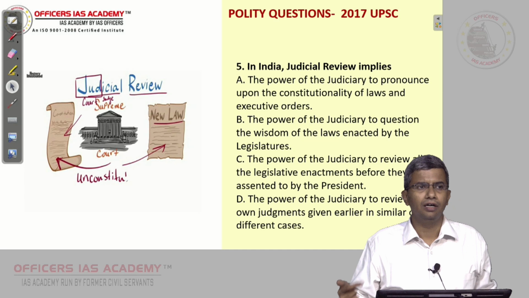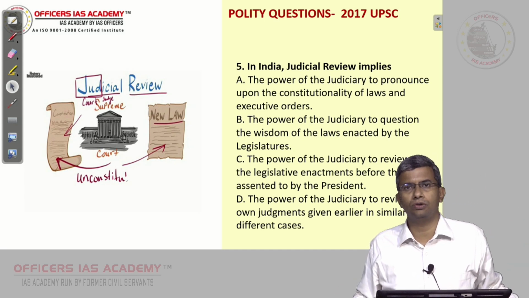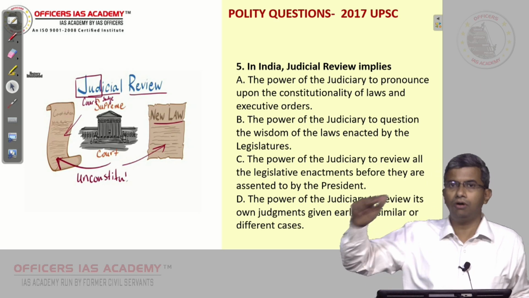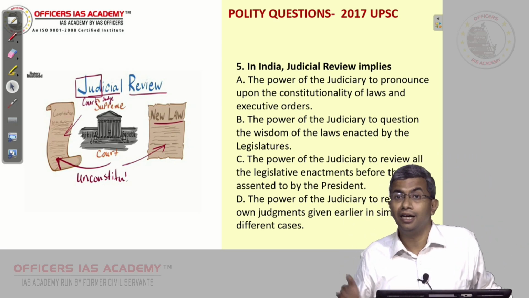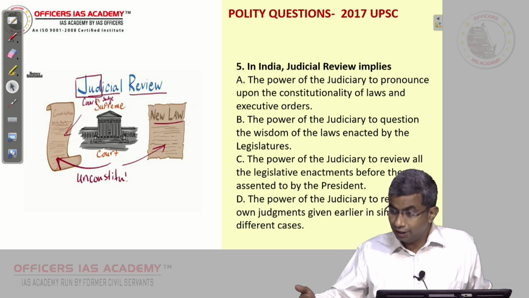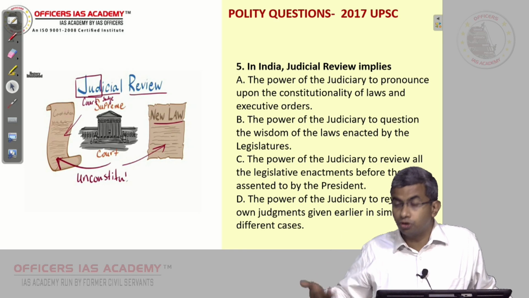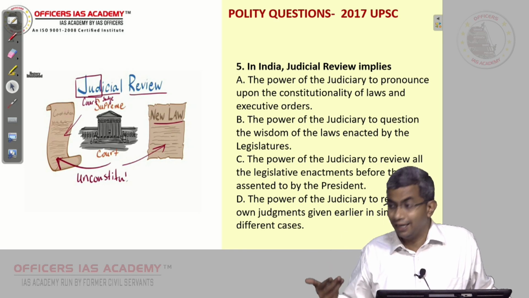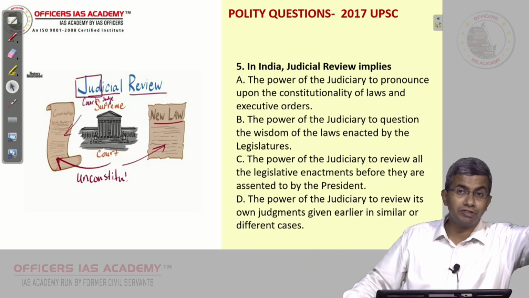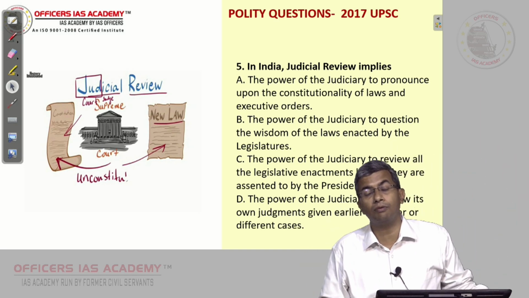NEET was declared as unconstitutional in 2013. But in 2016, a constitutional bench said that no, NEET is compulsory and it should be conducted. So that is reviewing its own judgment. Obviously, the Supreme Court should have its powers, because with the changing times, if it has to review its own judgment in line with the present circumstances, it should have that power, and that is the power which is conferred on the Supreme Court under Article 137.